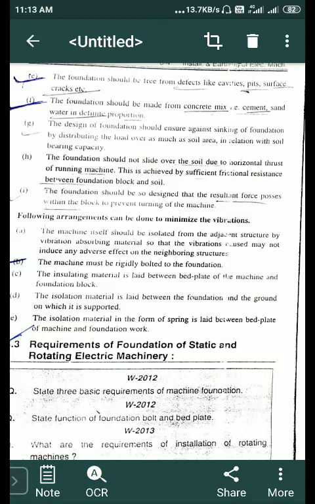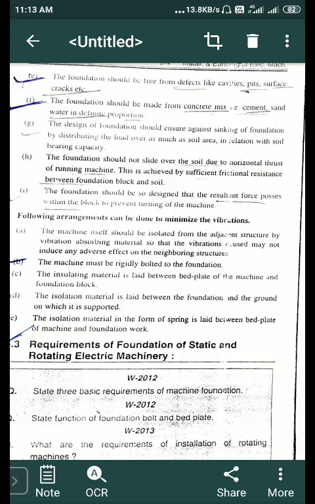The next point is the foundation should be made from a concrete mixture, that is cement, sand, and water in definite proportions. While doing a foundation you have to use a proper proportion of the cement, sand as well as water, whatever the standard proportions are; you have to consider that.